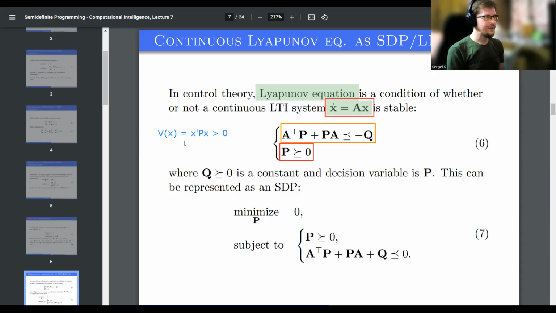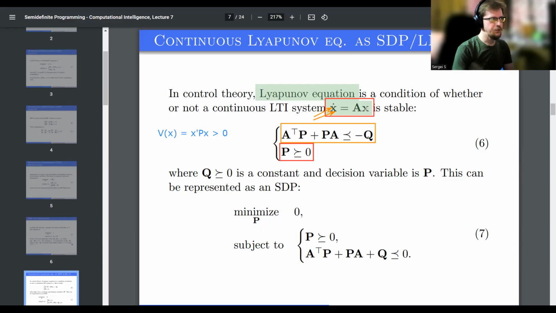What do you mean by derivative? The derivative with respect to time, which provides us a vector field. When you take the derivative with respect to time, you get x dot times P times x plus x times P times x dot. Where do you get this x dot? From some vector field, from something that actually has this dynamic of changing with time. And this is provided by this autonomous system.